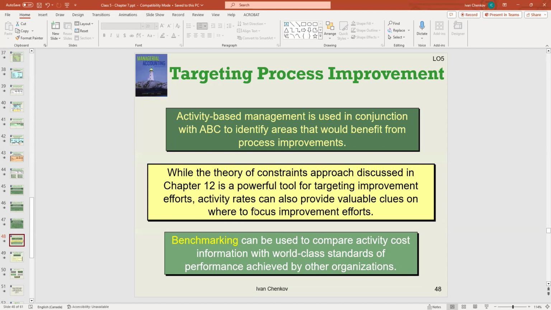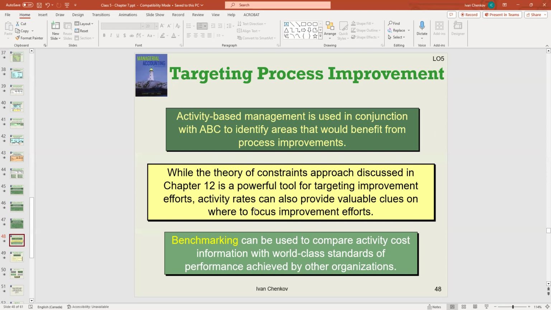Now, activity-based management is used in conjunction with activity-based costing to find improvements. As an activity-based manager, you have to find the activities which are not value-added and focus on the value-added activities.